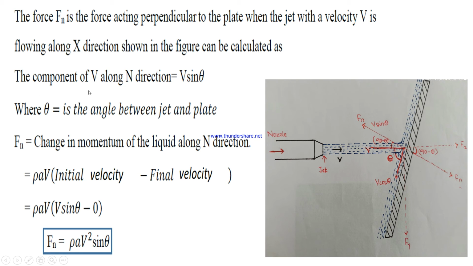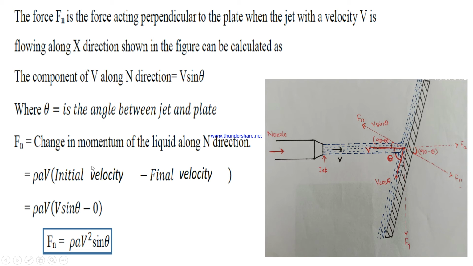So the initial velocity of the water along the normal direction is v sin theta, and the final velocity is 0.